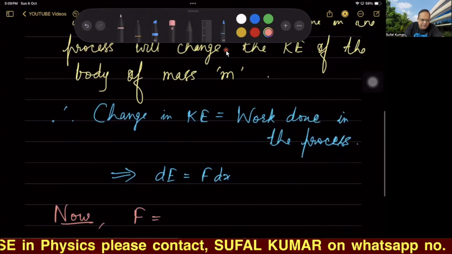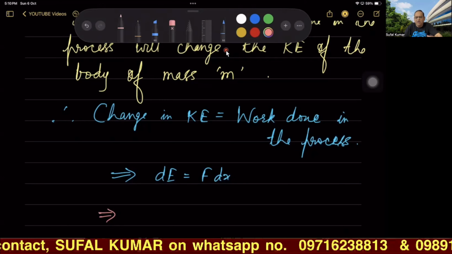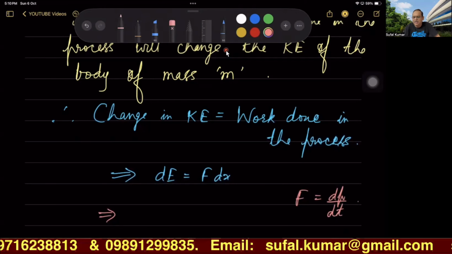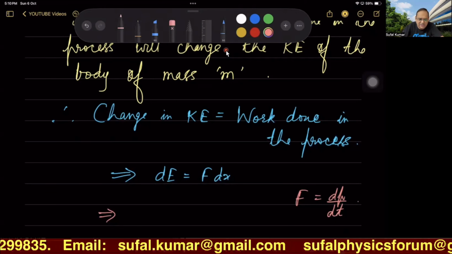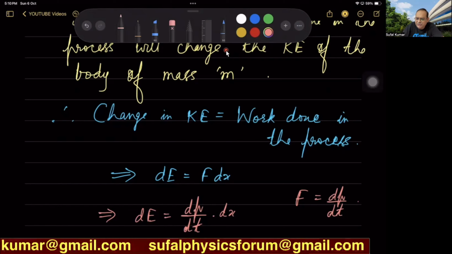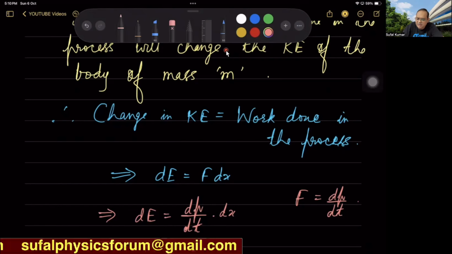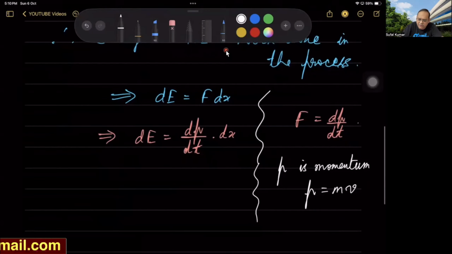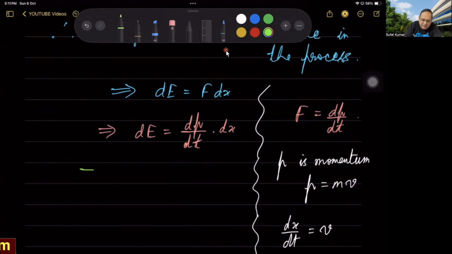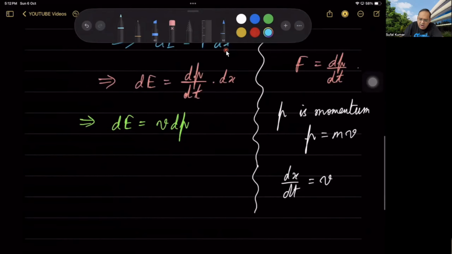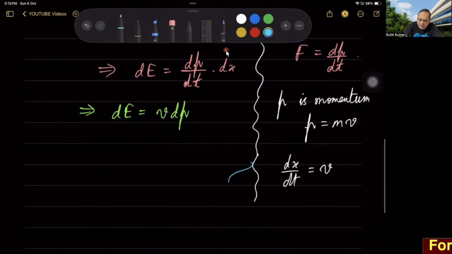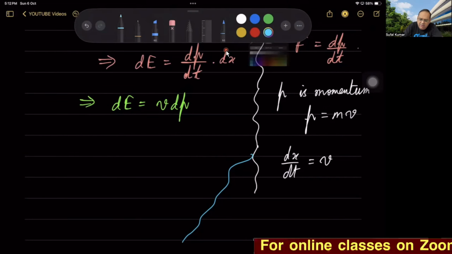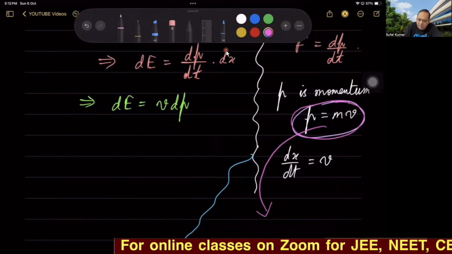Now from Newton's second law of motion, F is equal to dP by dt, that means rate of change of momentum with respect to time, where P is momentum, and also dx by dt is v. Now I am to include the value of dP by applying product rule.